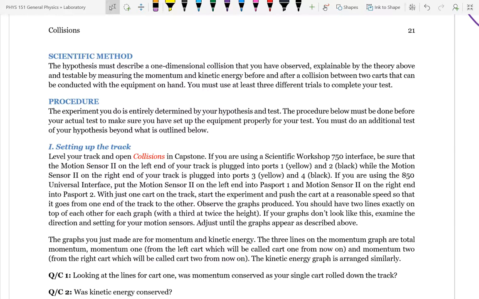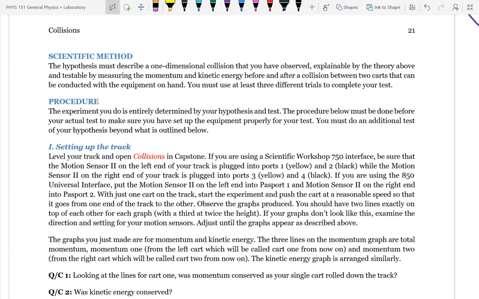Then your test of the hypothesis will say, if it's an elastic collision because of that, then I should be able to do other types of collisions that have whatever that was, and they should have the kinetic energy conserved. Or if you say it was inelastic because of this, then I should be able to test other types that fit this and see the kinetic energy wasn't conserved. So that's the way the hypothesis is tested.